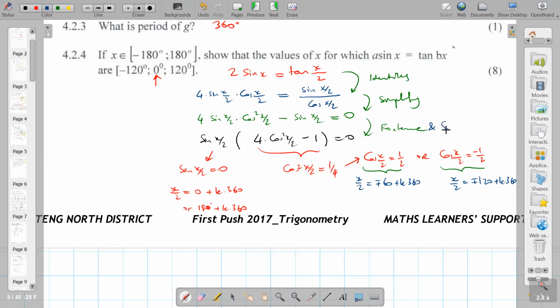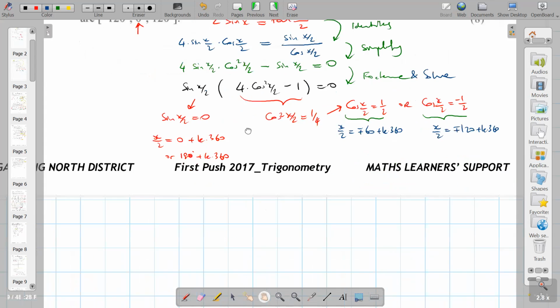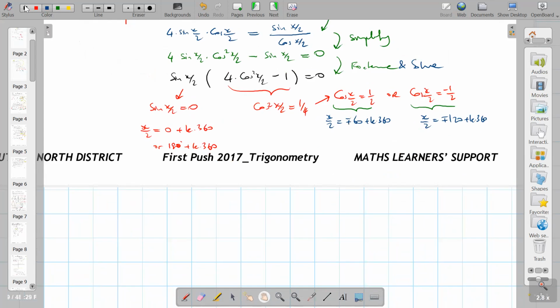So if I write all general solutions, it will always be k times 720. But anyway, it's not a general solution. They just want us to show all the possible answers here: minus 120, 0, and 120. I think we already got them anyway. You're just going to write that when you times by 2.